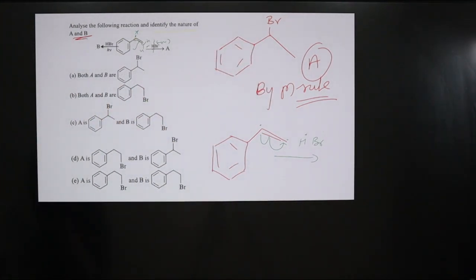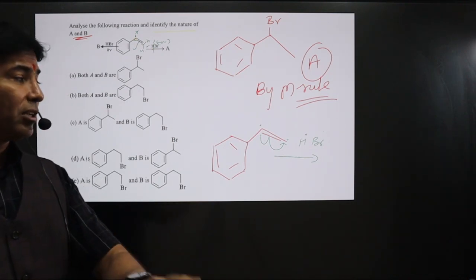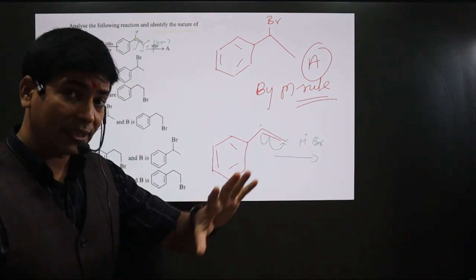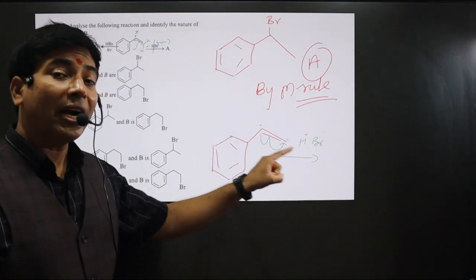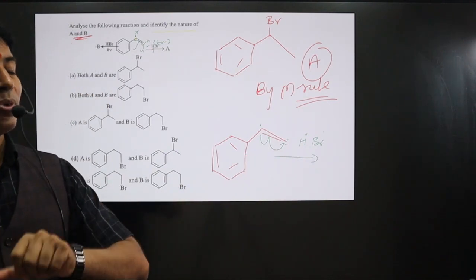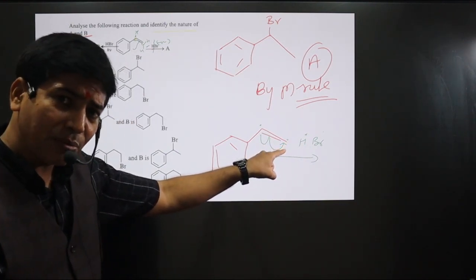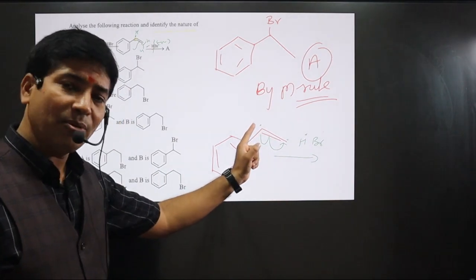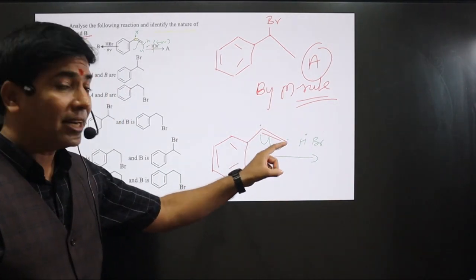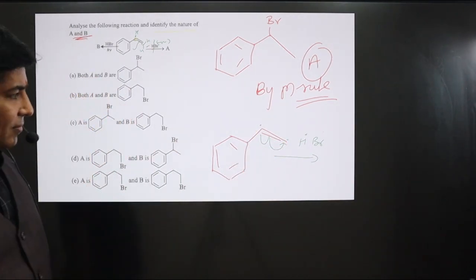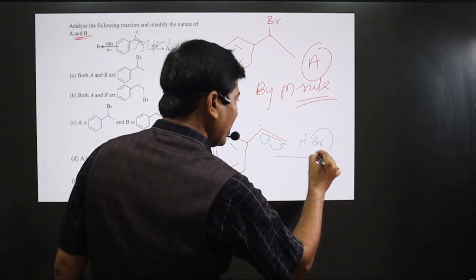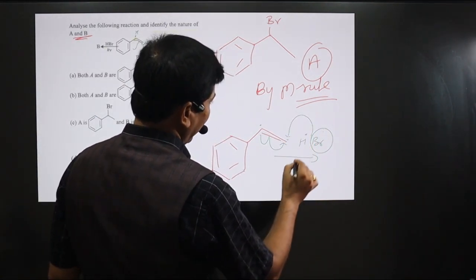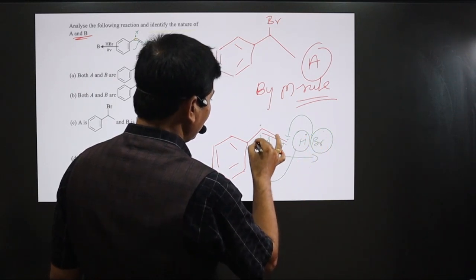Now complete this reaction following the anti-Markovnikov rule. Br dot, this free radical, will attach to the carbon having more hydrogens. This carbon has more hydrogens in comparison to that carbon, because that one has only 1 hydrogen and this one has 2. Then Br dot connects to this carbon, and H dot connects to the other carbon.